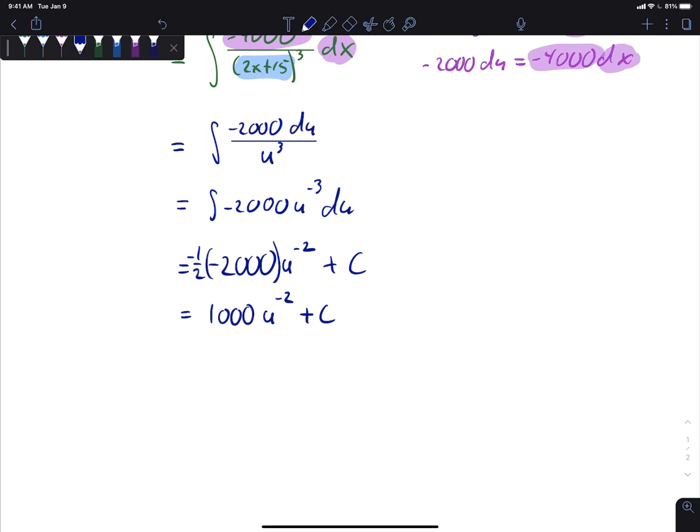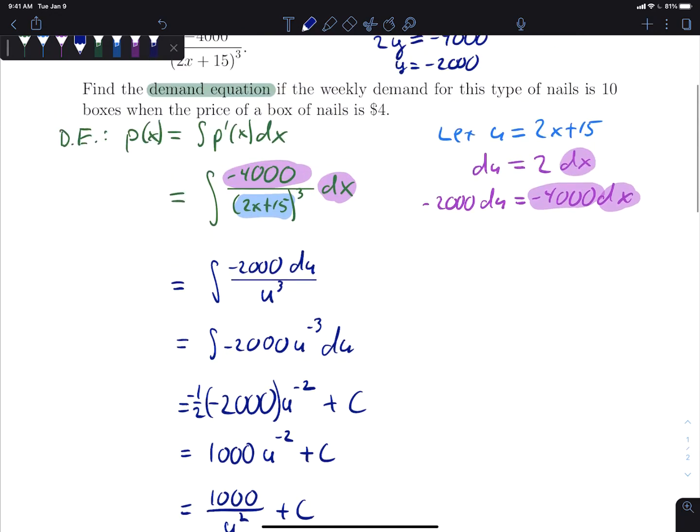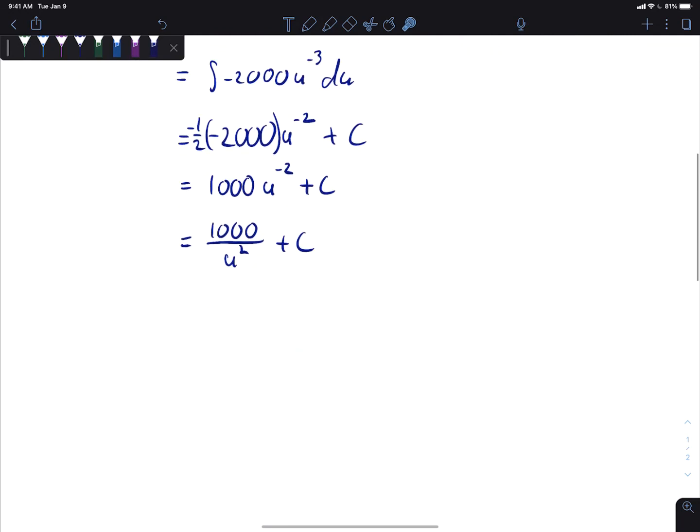And then bring the u to the minus 2 into the denominator, making that 1,000 over u squared plus c. But don't forget to replace the u with what we said it was, in this case 2x plus 15. So this is going to become 1,000 over (2x plus 15) squared plus some constant.